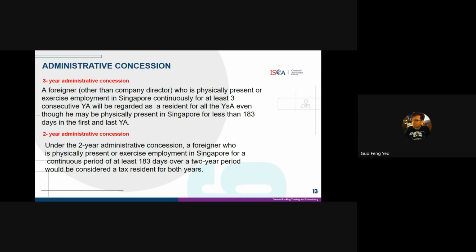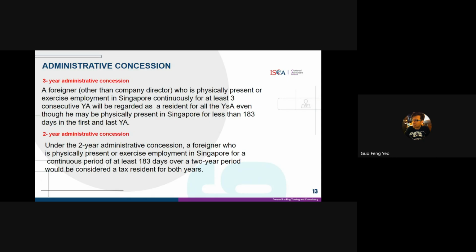In this case, the IRAS provided administrative concessions known as the 3-year administrative concession and 2-year administrative concession respectively for determination of tax residency of individuals.